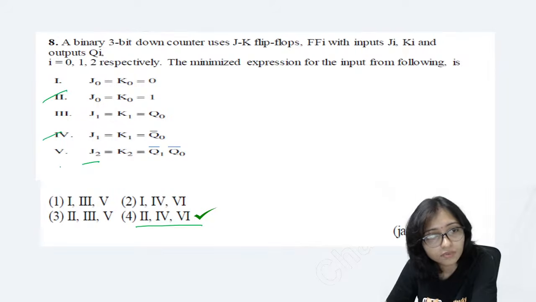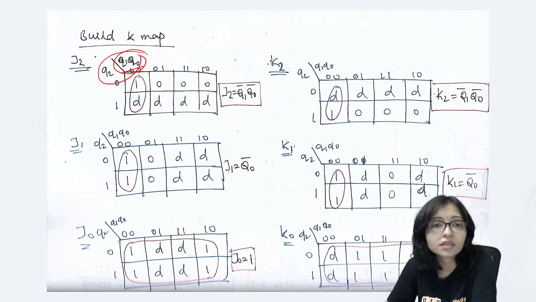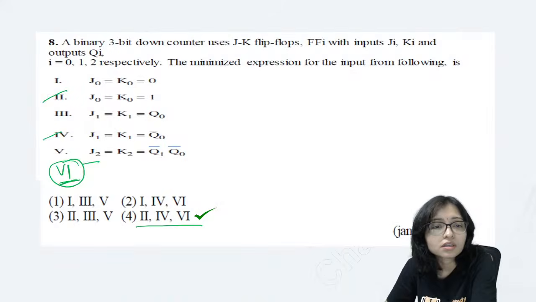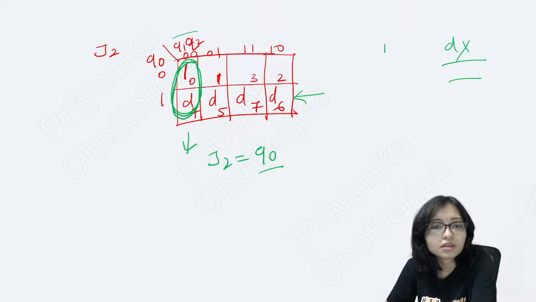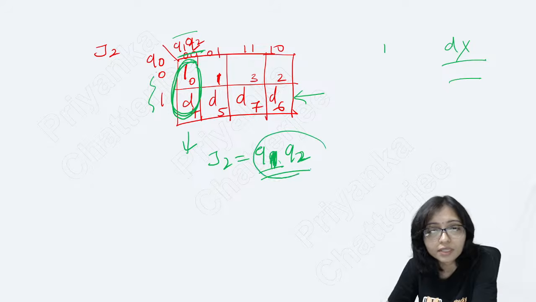Actually another answer was there, maybe that is missing, but your answer will be here. J2 will be, Q0 cancels, so it will be Q1, Q2. Because Q1, Q2 is here, that will be the answer.